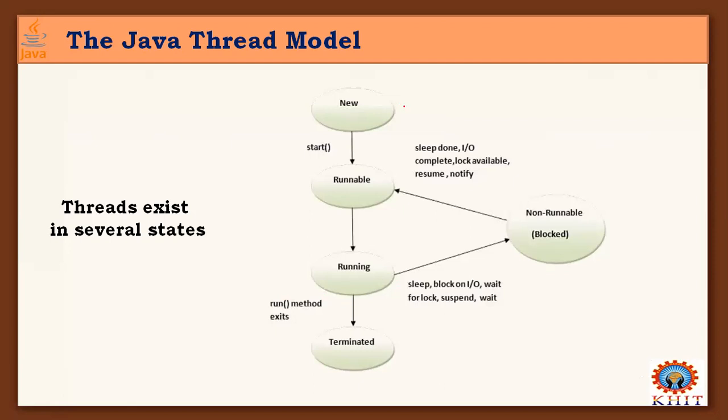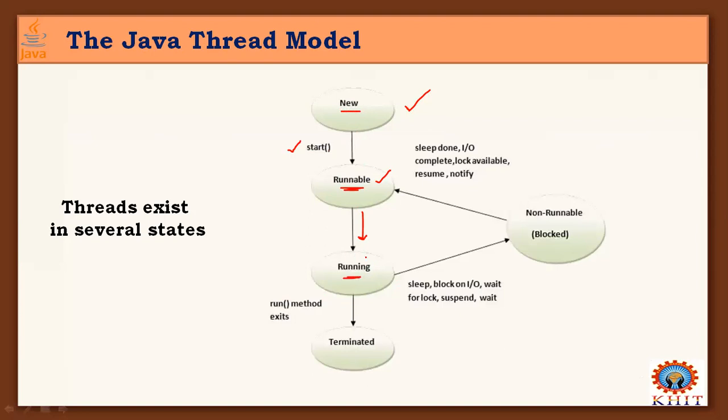So these are the different states. When a thread is newly created, the state is called new. To make that thread runnable, that is, ready to execute, we should use the method called start. Then after it is ready, it is dispatched to execute on the processor. Then it has a state called the running state.